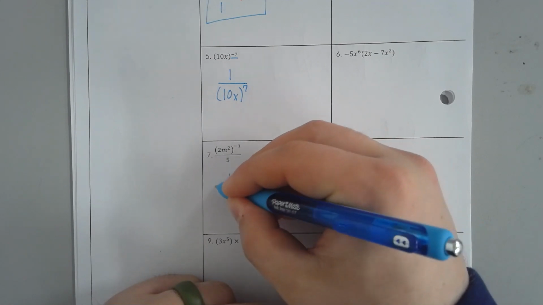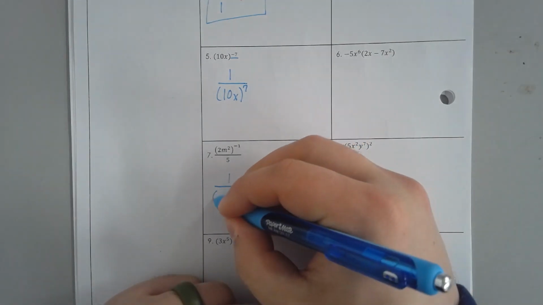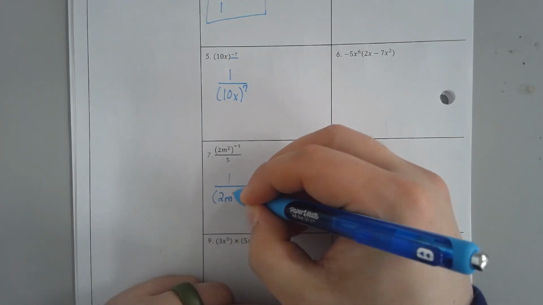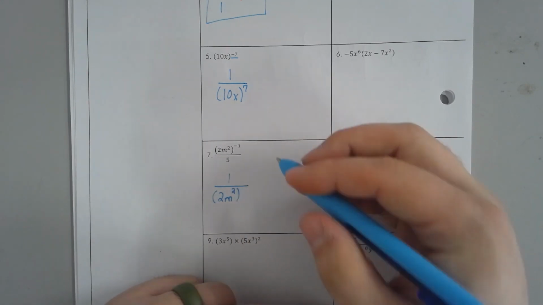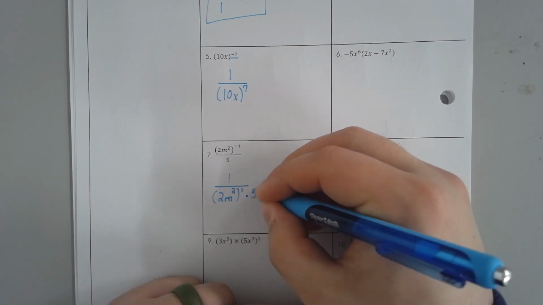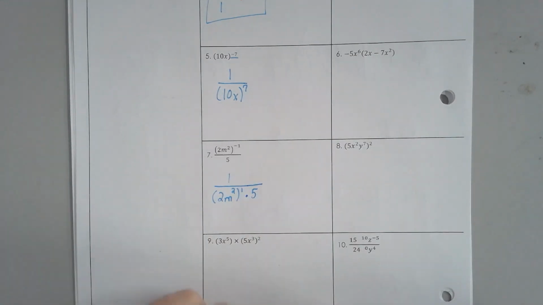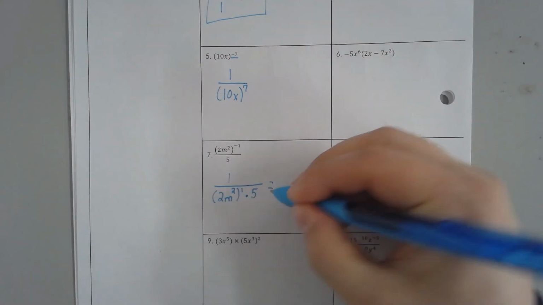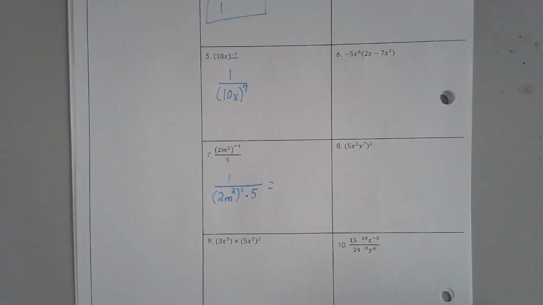It's going to go to the denominator. And that's going to be multiplied with the 5 that's down there. So we've got 2m squared raised to the 1 power.